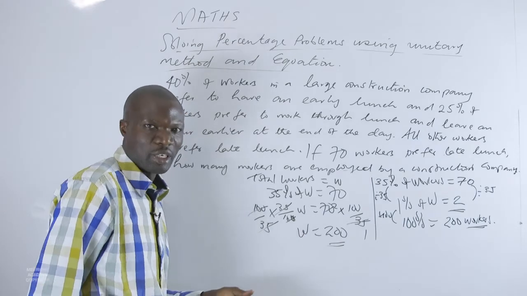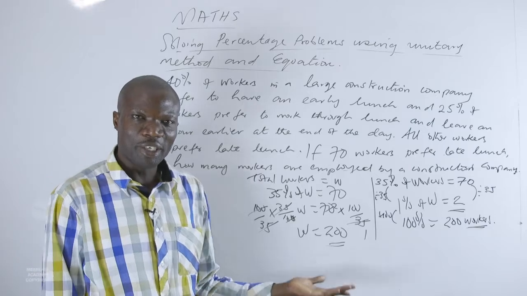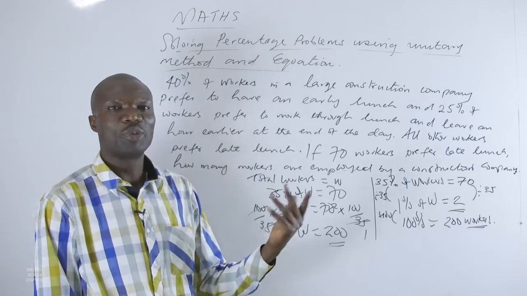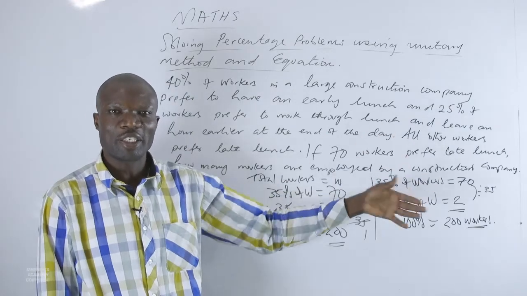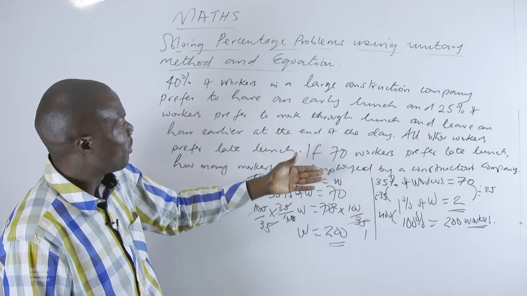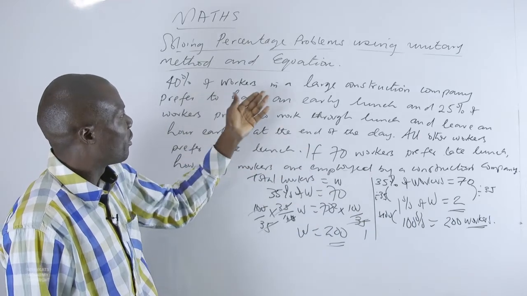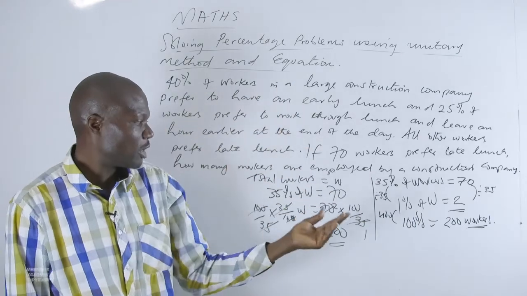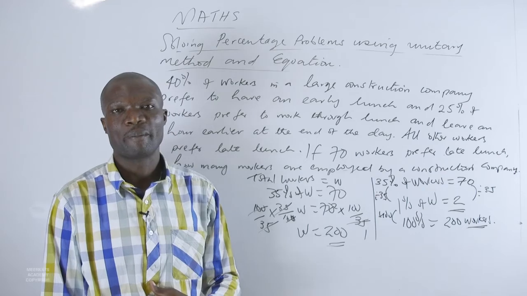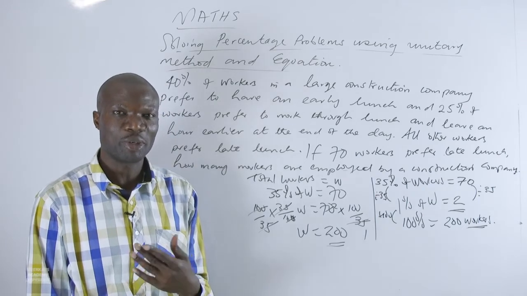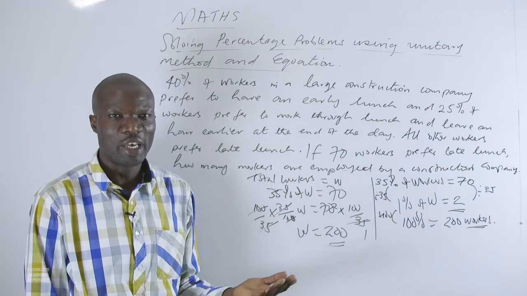W is 200 workers. We could still check and find out exactly, supposing we were asked for every category, how many were going for early lunch. It is 40% of 200, and that will give us about 80.